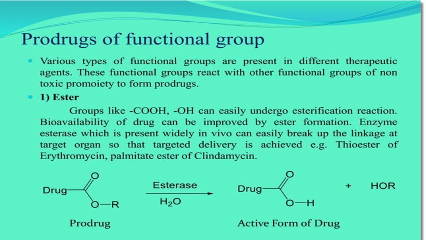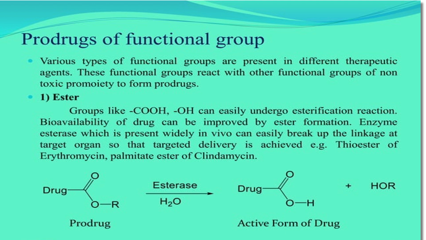We all know a drug minimally has the presence of 4 to 5 functional groups. These functional groups react with other functional groups of a non-toxic pro-moiety to form the prodrugs.